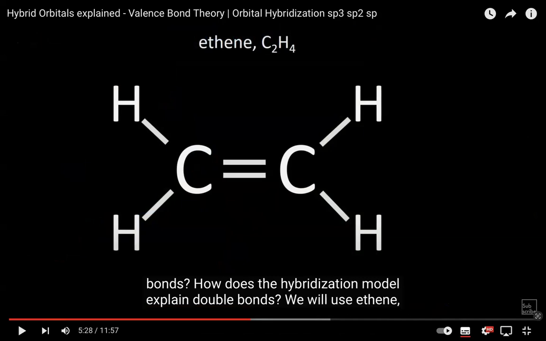That pi bond is formed by which type of overlapping? Parallel overlapping. And parallel overlapping is done by which orbital? P orbital.